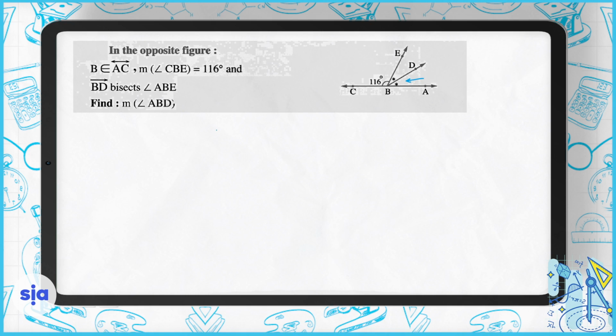The question here wants me to find the measure of this angle. We know that the measure of angle CBE plus the measure of angle EBD plus the measure of angle DBA equals 180 degrees. So 116, plus angle EBD and angle DBA, which are equal in measure.